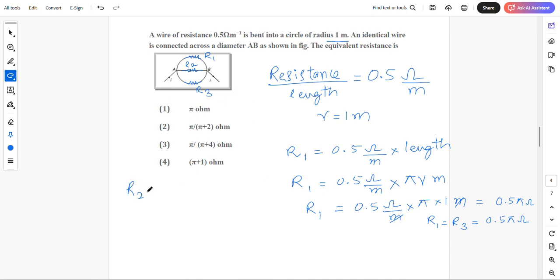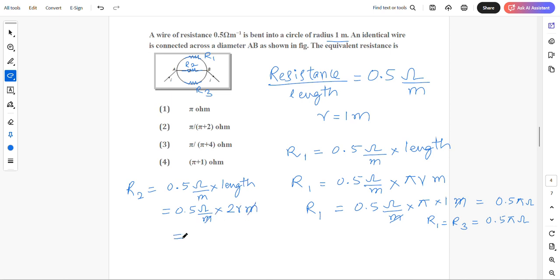R2 is nothing but resistance per length, that is 0.5 ohm per meter into length. How much is this length? That is 0.5 ohm per meter into, this is nothing but the diameter, that is 2 into r meter.